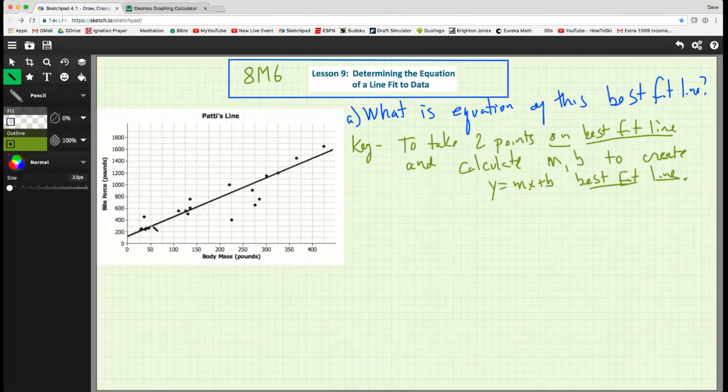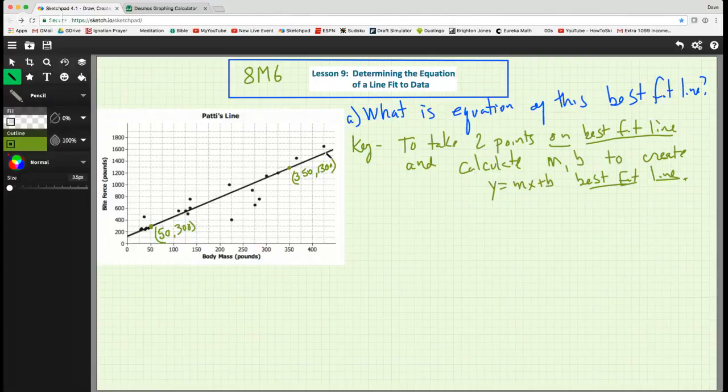We're going to take this one here, and this one's going to be 50, 300. Now again, it only has to be something on the line like this and this. It doesn't have to be one of these points. It's just got to be on the line. But let's go ahead and take this one up here, and we're going to call this one 350, 1300.